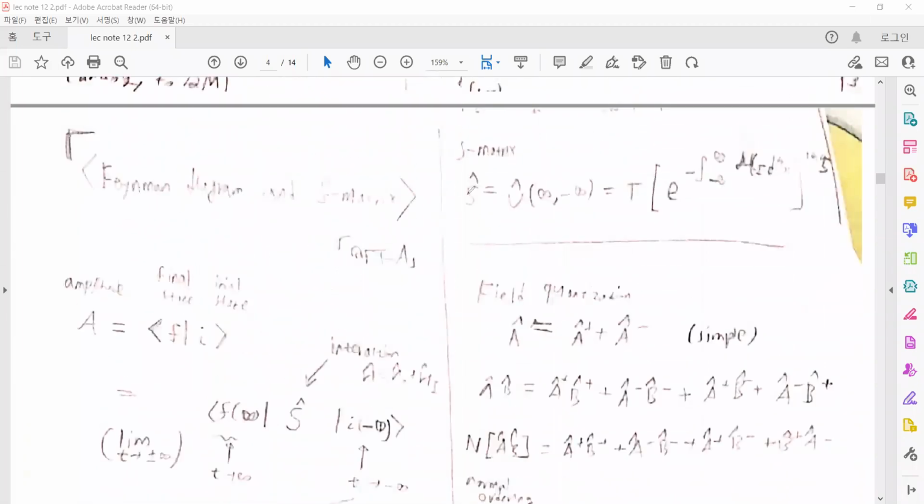We can define the S-matrix, which is such a time evolution unitary operator with the initial time minus infinity and the final time infinity. So here is the integral from minus infinity to infinity, and such dt will be converted to d4x with the Hamiltonian density.